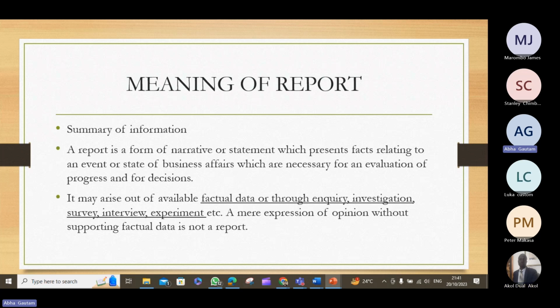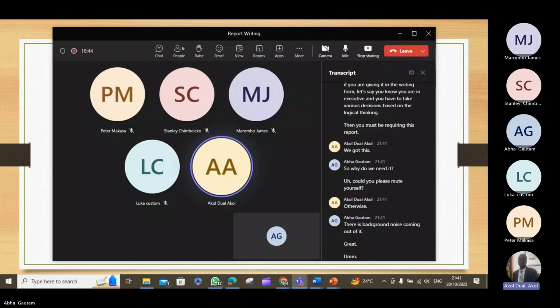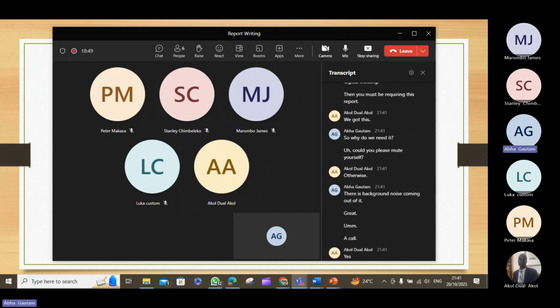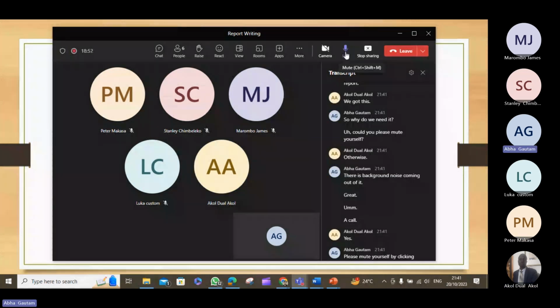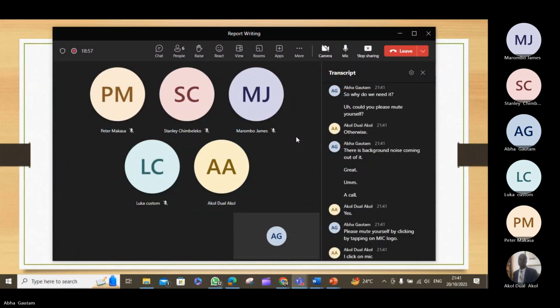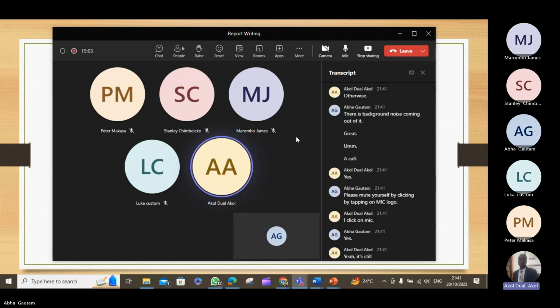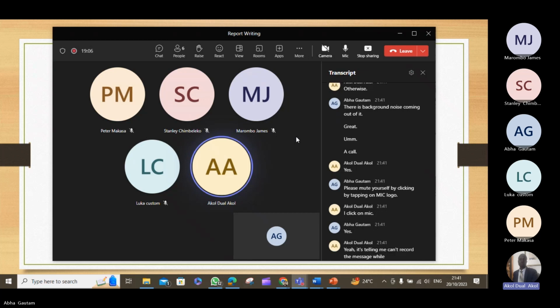So why do we need it? Could you please mute yourself? There is background noise coming out of it. Great. Yes. Please mute yourself by tapping on the mic logo. I clicked on mic. Yes. It's telling me can't record a message while on a call.